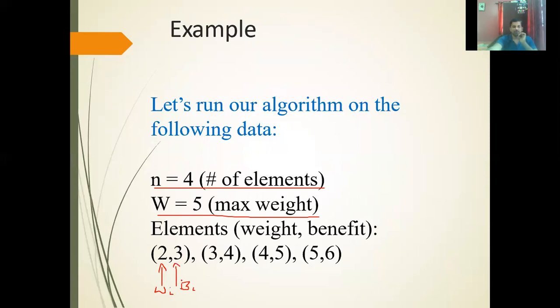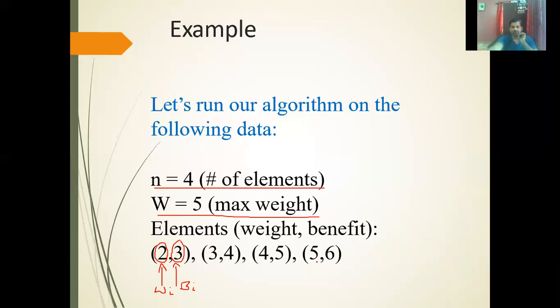Some textbooks call it by the term profit, that is P of i. So here I'm using the term Wi corresponding to the weight of the item i, and Bi for the benefit of the ith item, right? So I have considered the weight as well as benefit for your n items, 1, 2, 3, and 4.